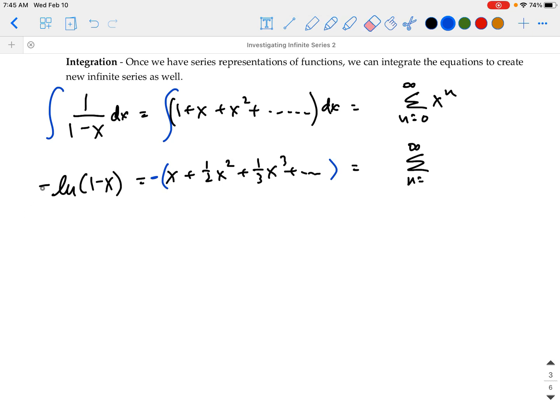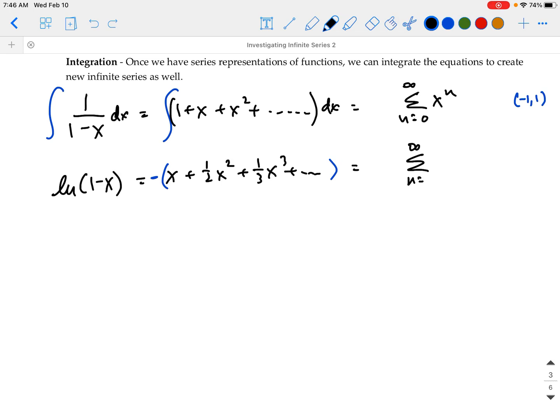So in other words, we can take the opposite of our polynomial here. And now we have a nice representation of the function, the natural log of 1 minus x. Note we're still going to have to be on the interval -1 to 1, obviously.